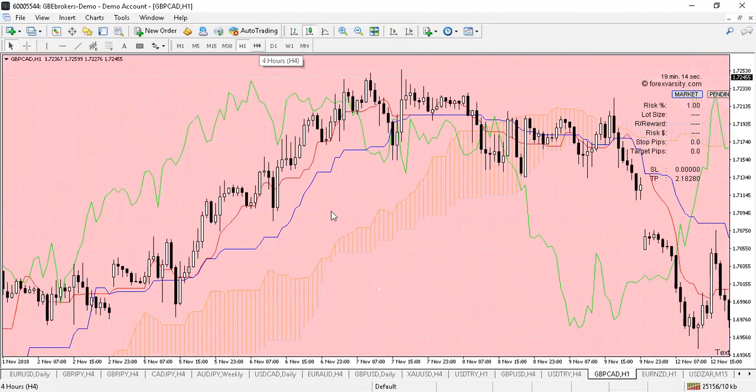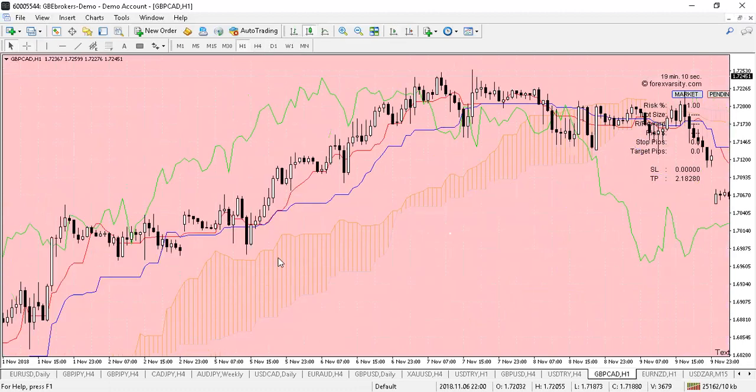So just as another recap, first of all, you've got to ask yourself, is the price above the clouds for a buy? Did the blue and the red lines cross over? And is the green line that's now 26 candles ago, is that over the price?